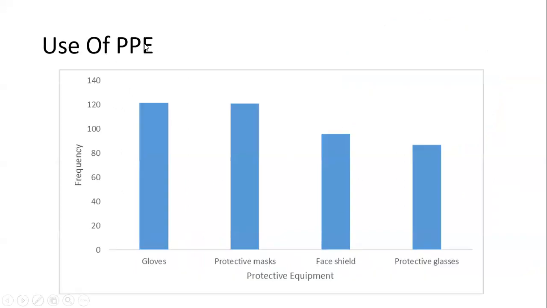Use of PPE, I think, is generally high, although it's surprising that not everyone said they use gloves. Protective masks is very high. Shields, fairly high. Protective glasses, nothing unexpected there.